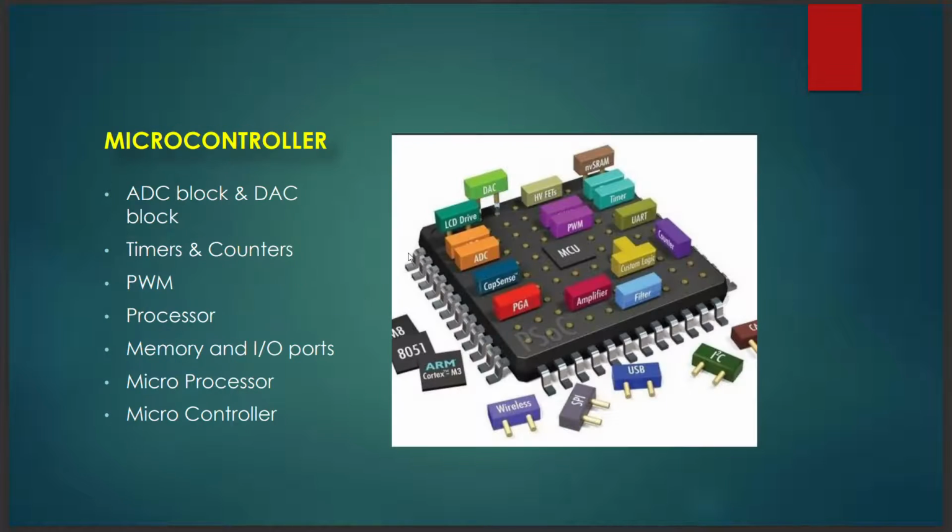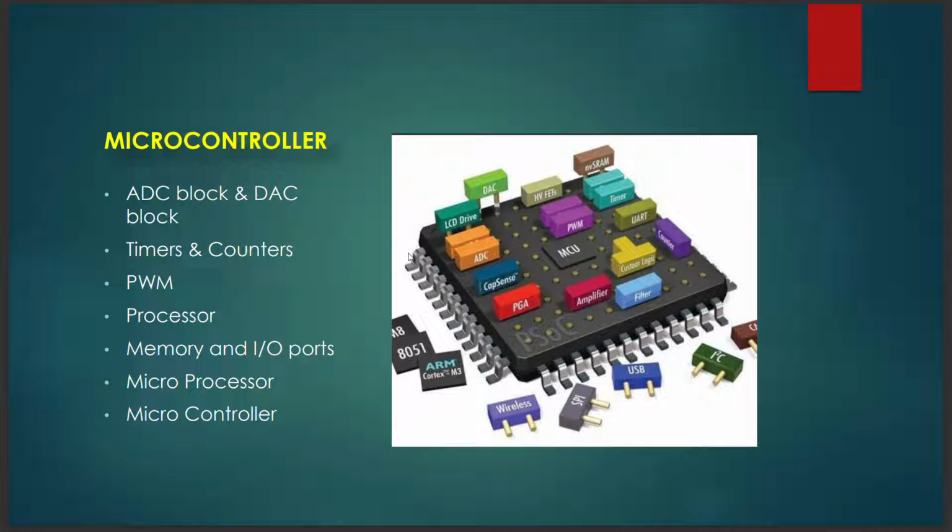Now in the next week we have learnt about microcontrollers, their architecture, and the blocks involved in microcontrollers. We first learnt about the ADC block, DAC block, timers and counters, PWM, processor, memory and input output ports, microprocessor and microcontroller.